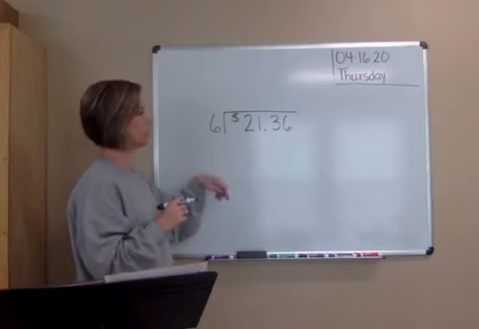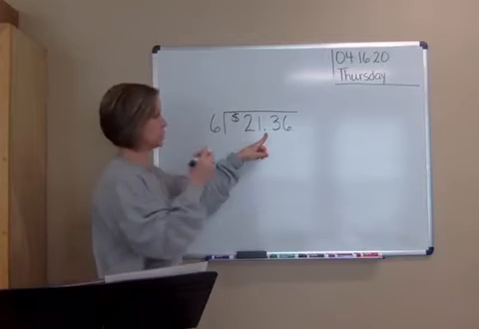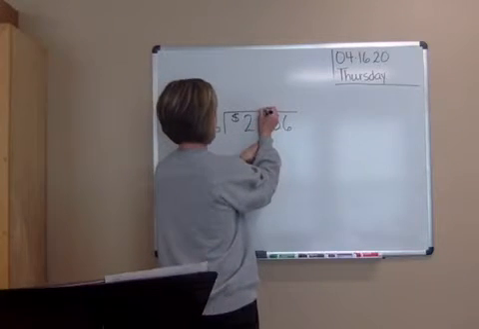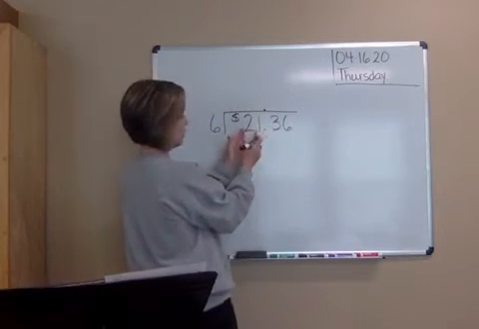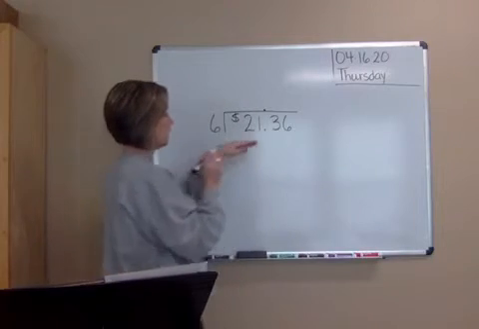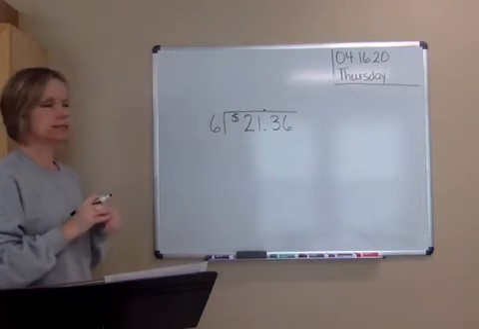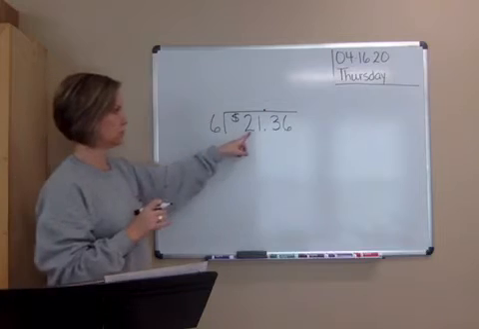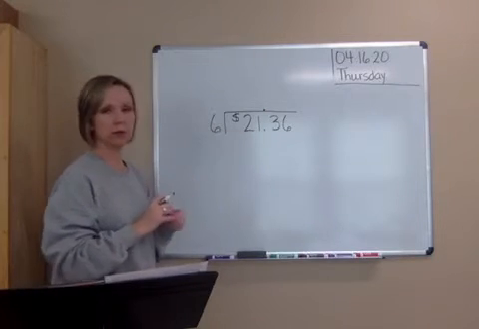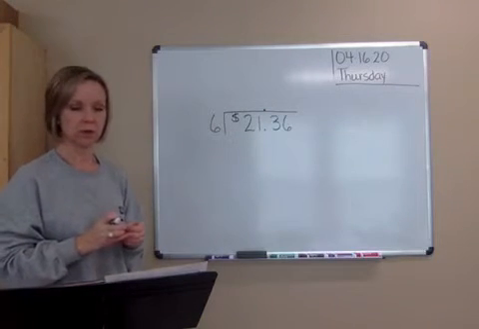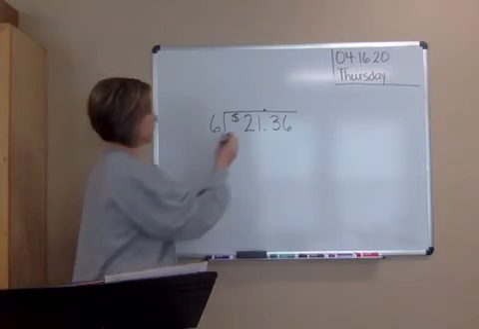We have our 6 table. First thing we're going to do is just come up and pop in our decimal point here so that we're sure we're dividing our dollars from cents. 21 divided by 6 because the 2 is smaller than 6, so we're going to use 21. How many times without going over? 3, correct.